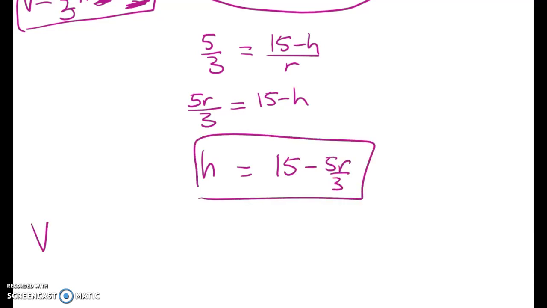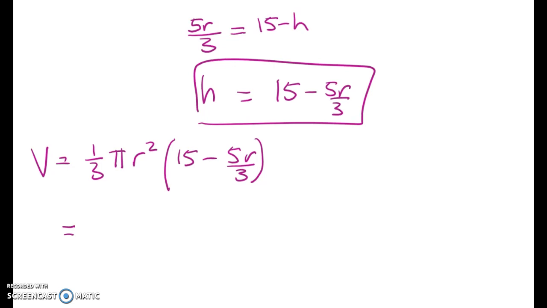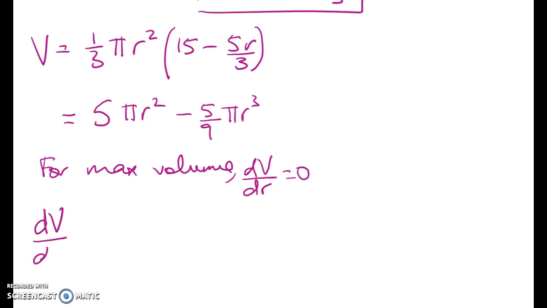I'm going to take this and sub it in. So V is equal to 1/3 pi r squared times 15 minus 5r on 3. I'll expand that out now and I get 5 pi r squared minus 5/9 pi r cubed. So for maximum volume, dV by dr will equal 0. dV by dr is 10 pi r minus 15 on 9, which is 5/3, so 5/3 pi r squared.